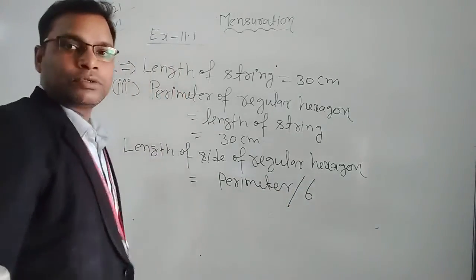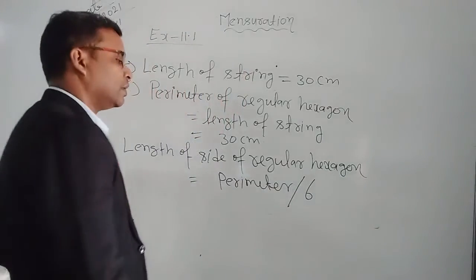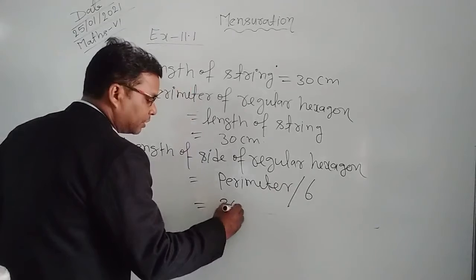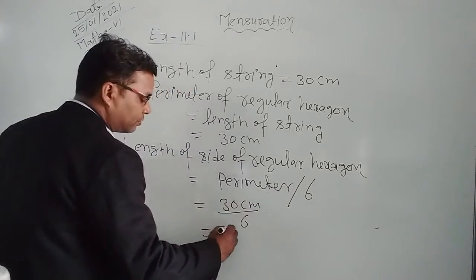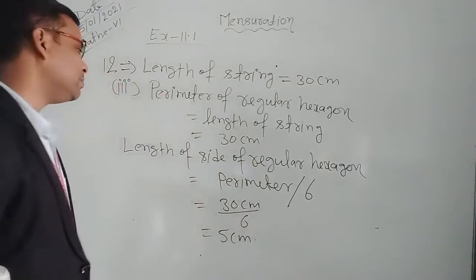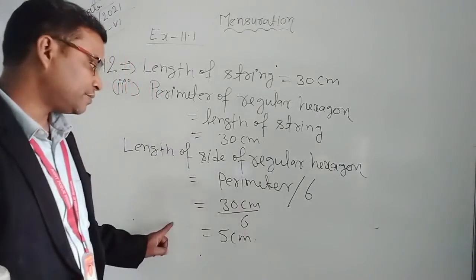What is the perimeter? Here this is given, perimeter is 30 centimeters, and this is the number of sides, 6. This is equal to 5 centimeters. 5 centimeters is the length of side of the regular hexagon.